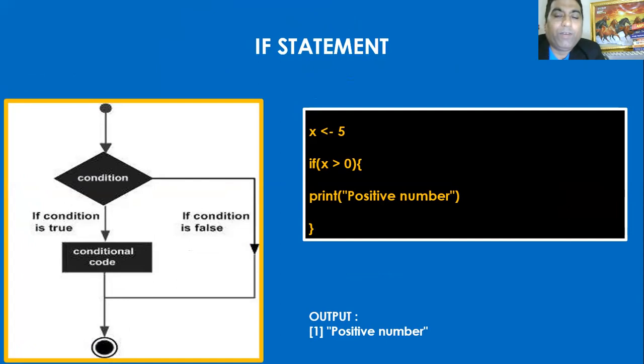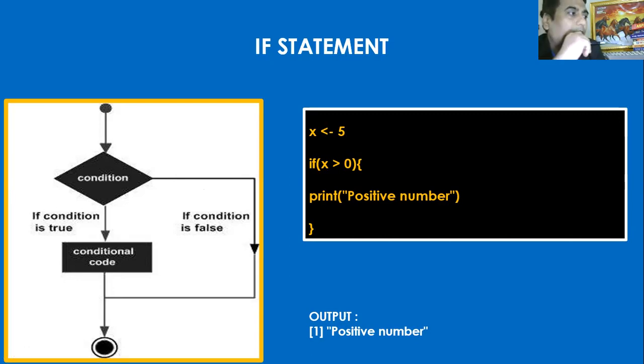But if I get up late, I'll work from home. So the condition depends on the time at which I get up. This flowchart shows if the condition matches, then true, else false. I have tried to show one example here.